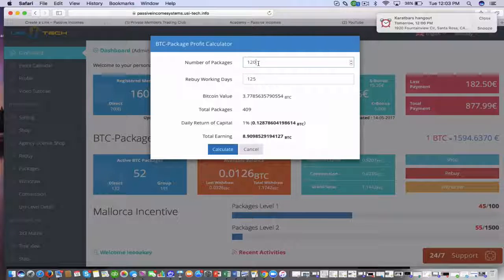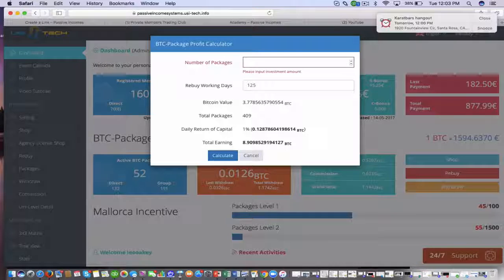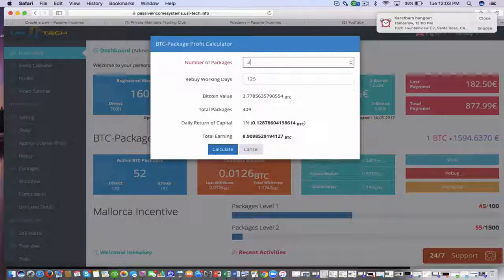So if we take 120 times 2.5, we can basically say that if she had 300 packages here, and we hit recalculate, that's going to give her 0.3237 within 6 months, and she'll have 1,028 packages running. So let me just show you the maths. Just stay with me because you'll see how this works in a second.